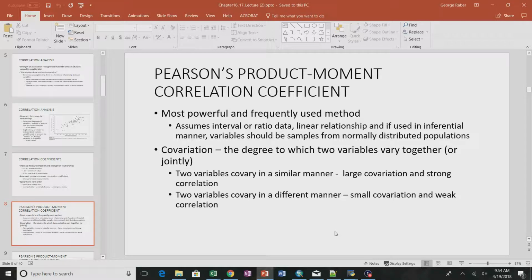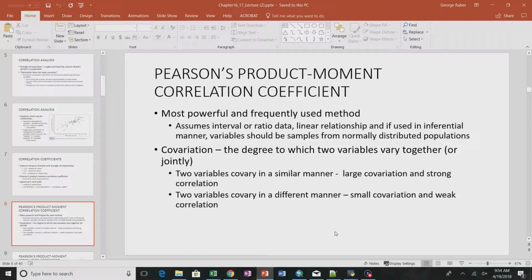All right, so as we've discussed several times earlier in this course, when we use interval ratio data, it's more powerful because we can use those numbers to quantify more exactly the nature of the relationship, and also it's easier to use in an inferential manner.